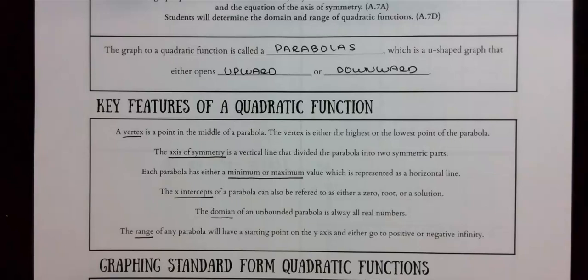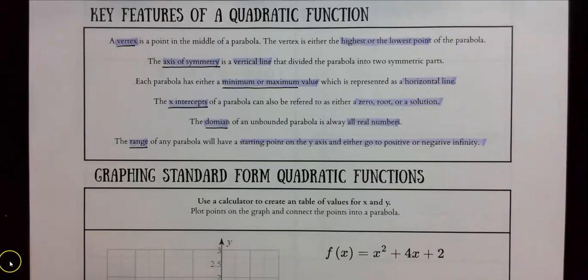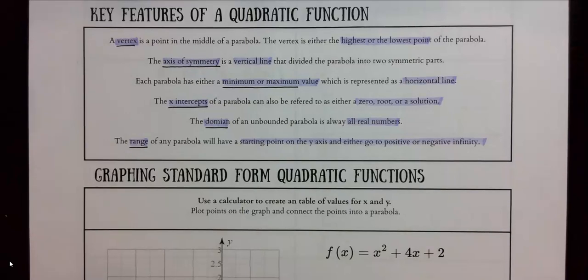Okay. So with that being said, let's go ahead and talk about how we can create points from an equation so we can then graph them on a coordinate plane. All right, since we're going to be graphing standard form quadratic functions, I am going to be using a calculator to do this. We're going to use our calculator to create a table of values so we can then use those as points to create our graphs.